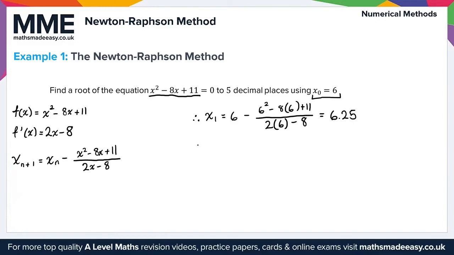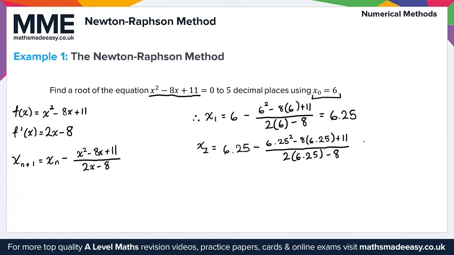In that case, x2 will be equal to 6.25 minus 6.25 squared minus 8 lots of 6.25 plus 11, and we divide that by 2 lots of 6.25 minus 8.